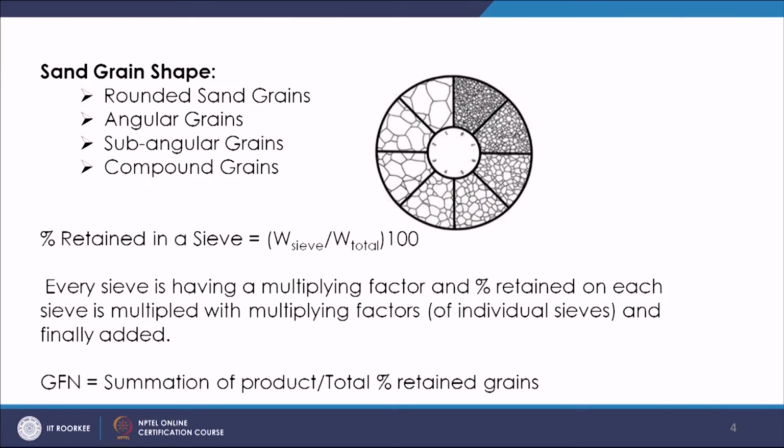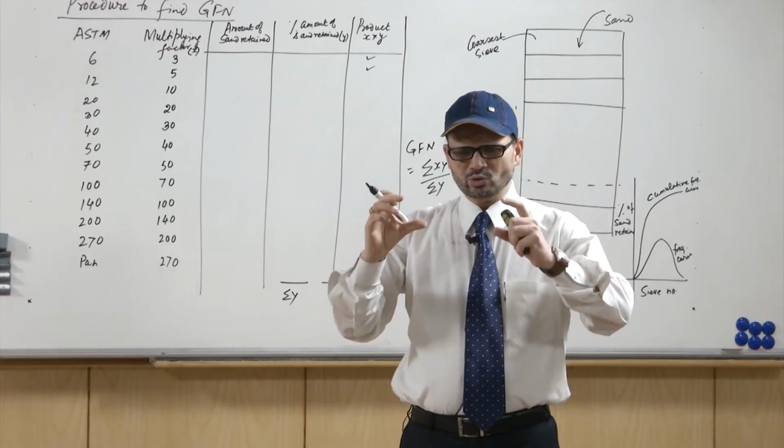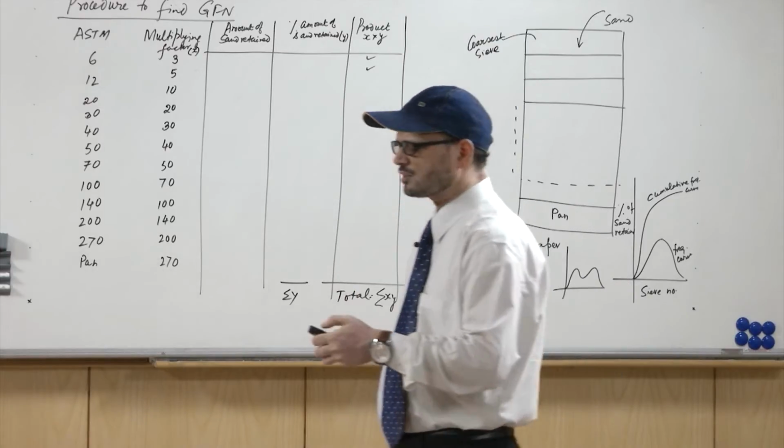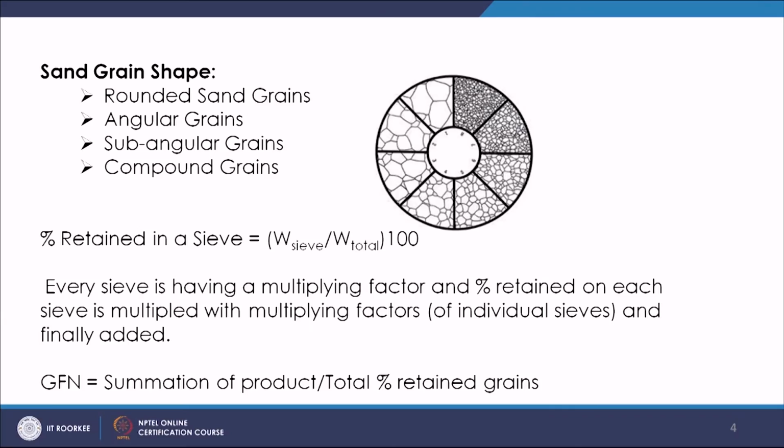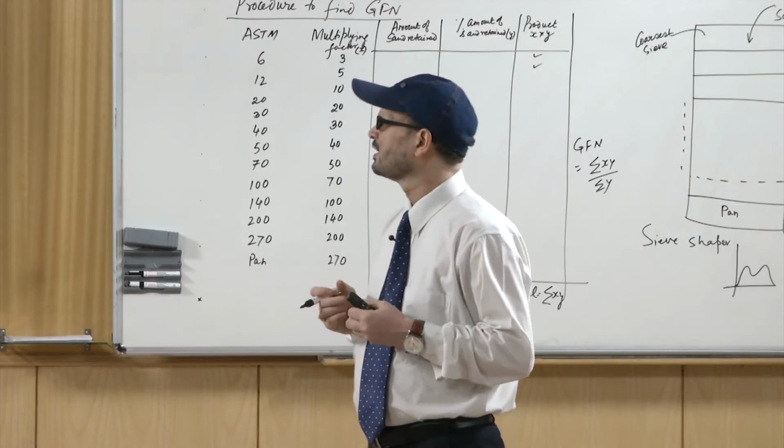That can be seen under the microscope. So, you can use the microscope to see what kind of shape it has. If most of the grains are round, you can call it rounded sand grains, then you have angular, subangular and then compound, which is a mixture of all of those. Certainly it has different properties depending upon the shape of the sand grains.